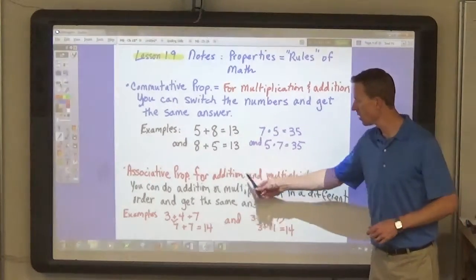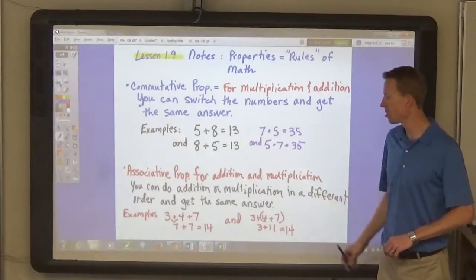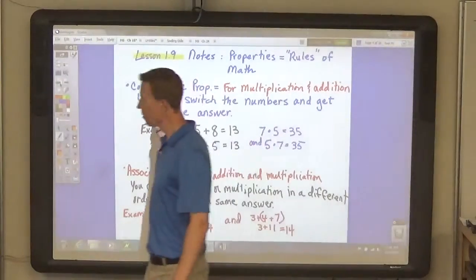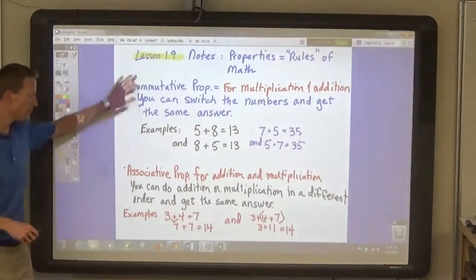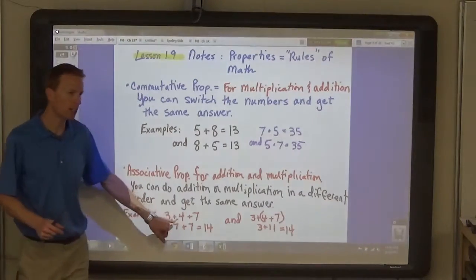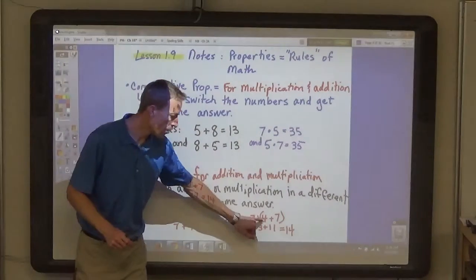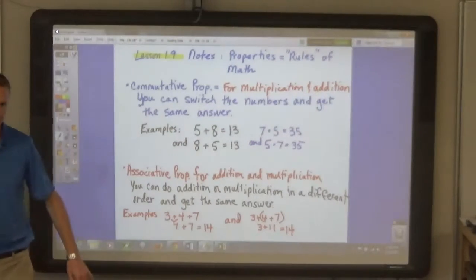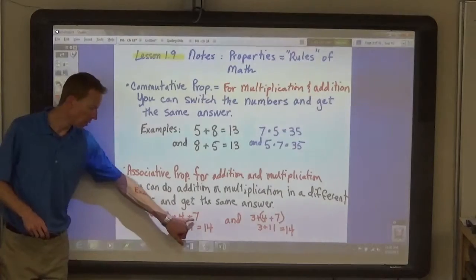Then, the associative property for addition and multiplication again. That is a little bit like the commutative property, and sometimes you get these confused, because rather than switching the order of the numbers, we're switching the order in which we perform the operation. So look at this example. This is 3 plus 4 plus 7.